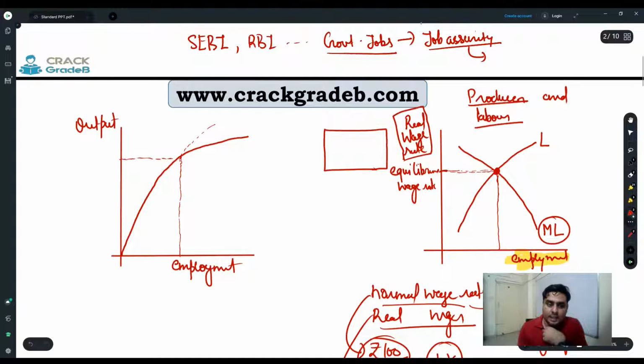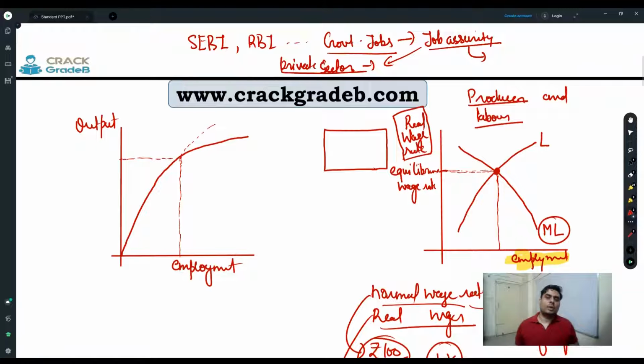Because in India, the private sector is rising, but it is not able to provide job security, and people want a stable and secure career. You can apply the liquidity preference theory here also, specifically in the case of India.